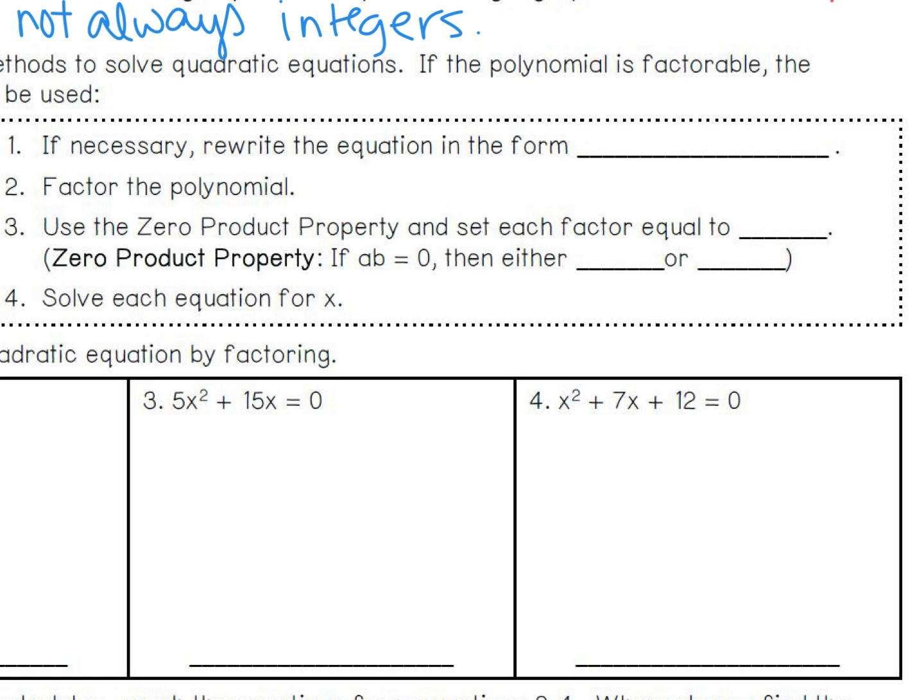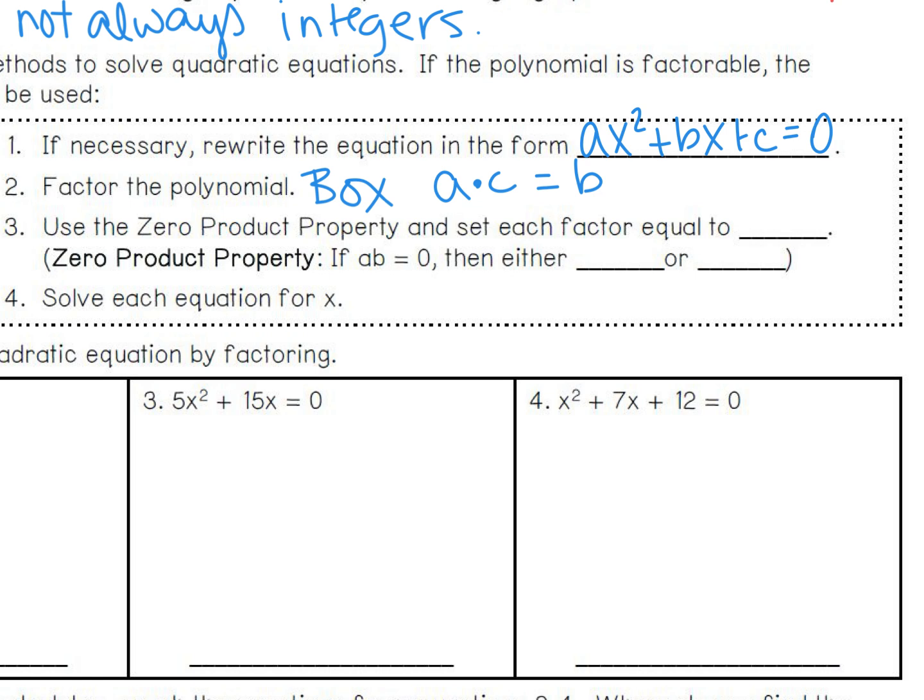So we need to always make sure that we are in ax squared plus bx plus c equals 0 format, right? That's our standard form. And we're going to factor our polynomial. And you guys preferred using the backwards box, okay? And that was when we did a times c, and we made our little t chart to get b. We looked at our signs.